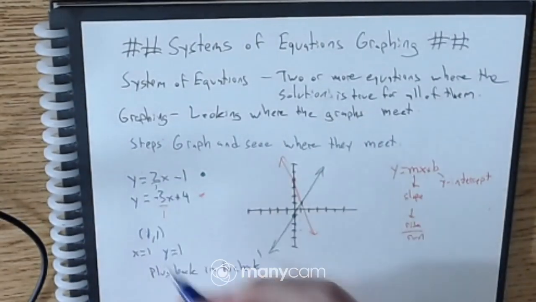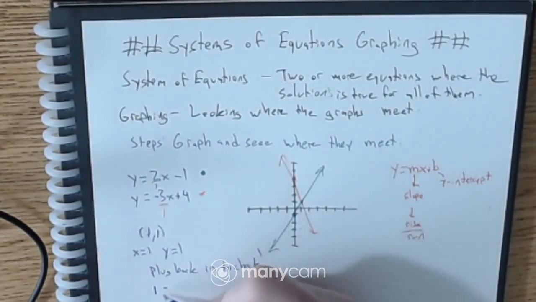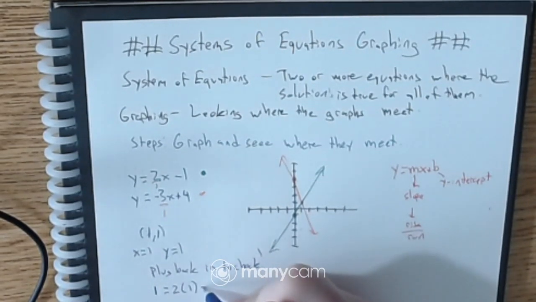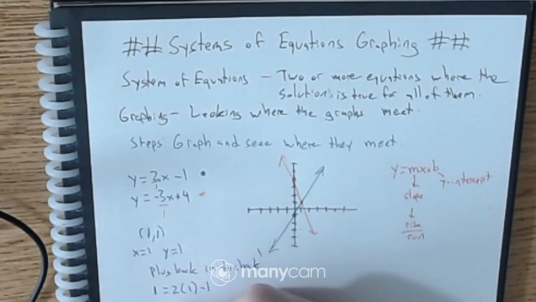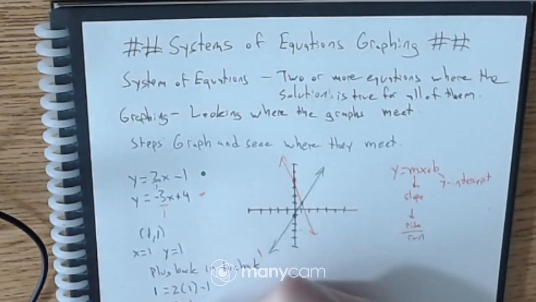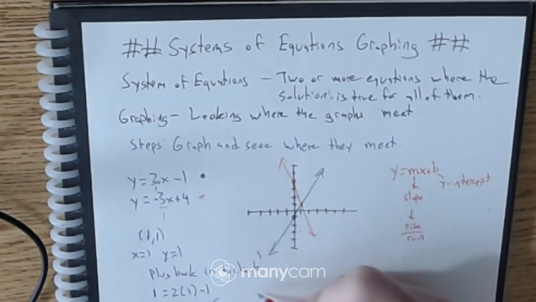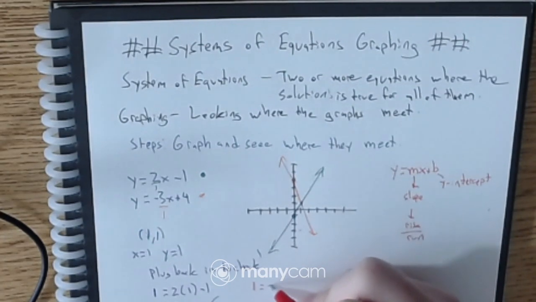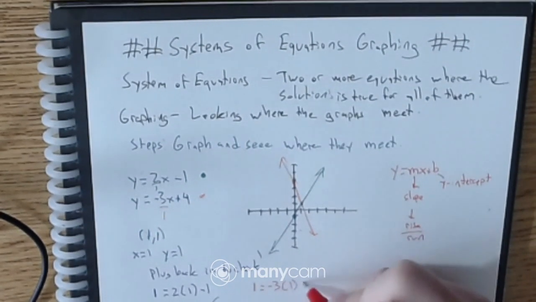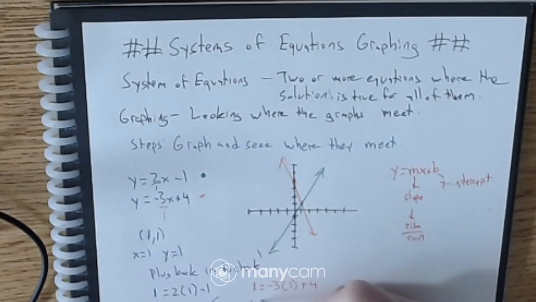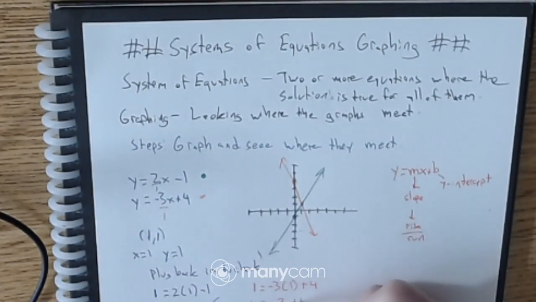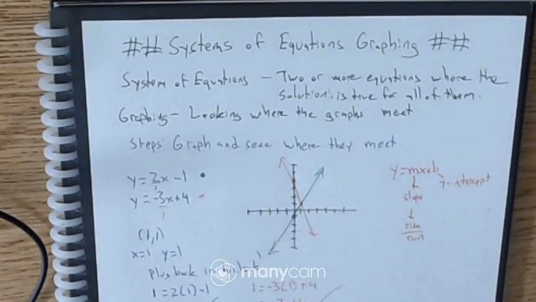So y, 1 equals 2 times 1 minus 1. 1 equals 2 minus 1. Check. That's true. Now let's try the other one. 1 equals -3 times 1 plus 4. 1 equals -3 plus 4. Check. So that solution worked for both of those things.